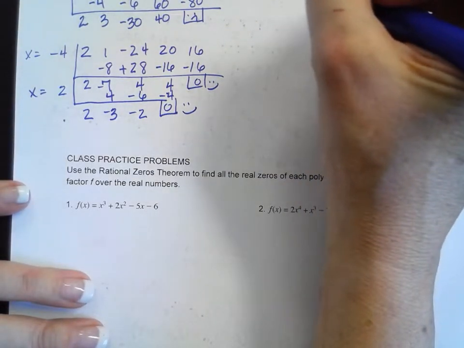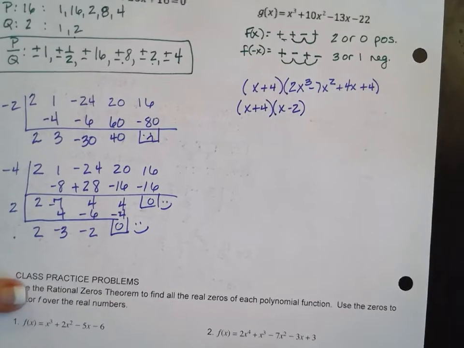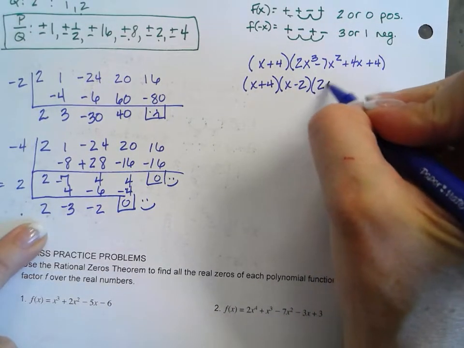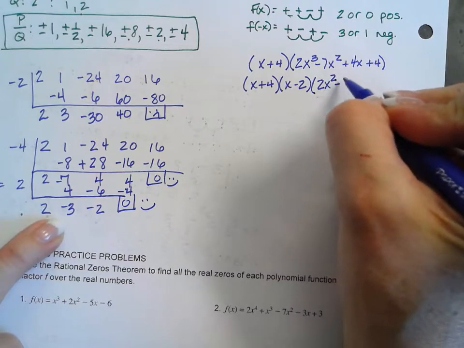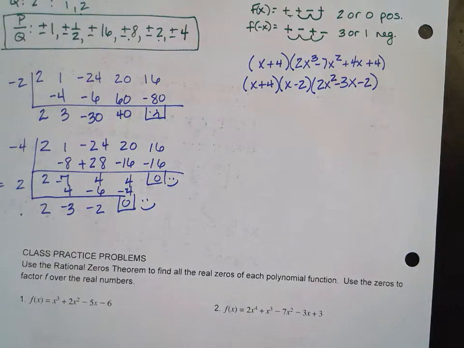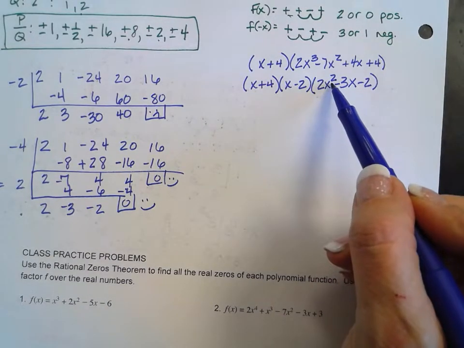So now I have x minus 2. Oh, it helps if you can see, huh? And I'm left with 2x squared minus 3x minus 2. All right, I'm down to my quadratic.